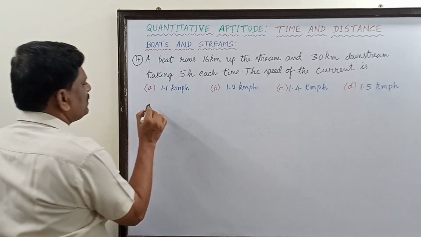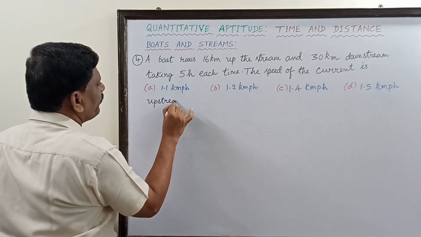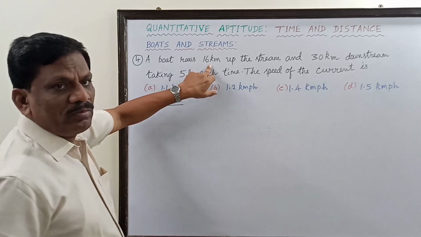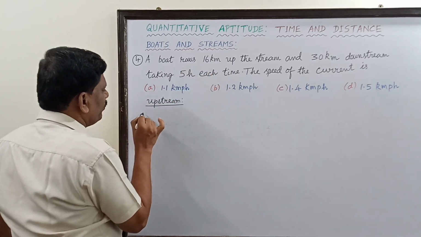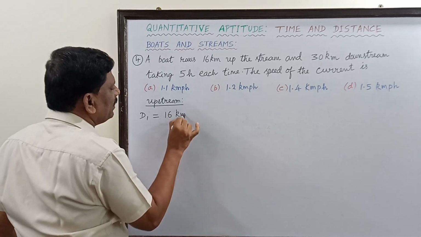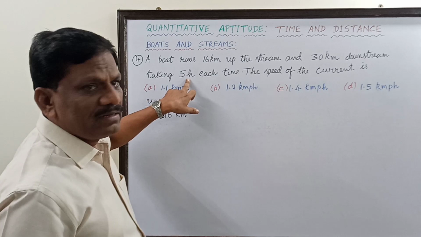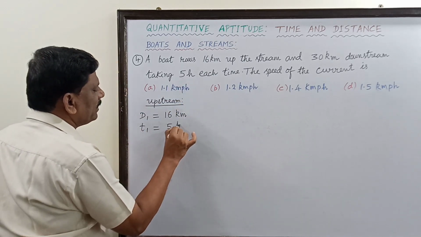So now first upstream we will write. For upstream, it rows how many kilometers? Distance traveled is equal to what? 16 kilometers. So distance is equal to 16 kilometers. And the time taken is 5 hours.